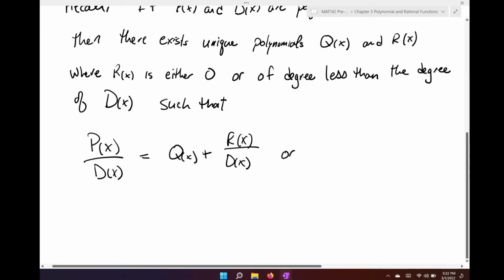Another way you can write this is if we multiplied everything by d of x, you get p of x equals d of x times q of x plus r of x.